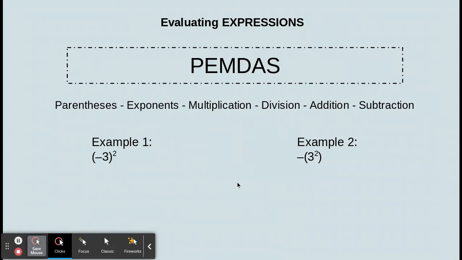The other thing we're going to cover in this lesson is evaluating expressions. And when we evaluate expressions, we must remember PEMDAS. And PEMDAS, as you remember, means parentheses, exponents, multiplication, division, addition, and subtraction.